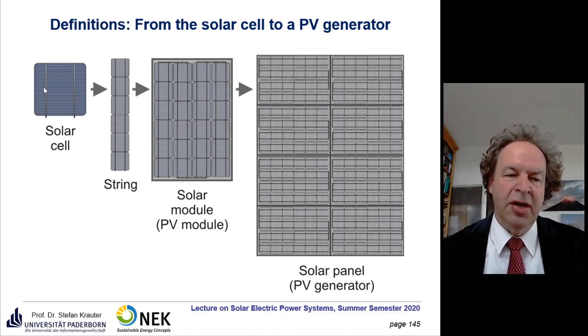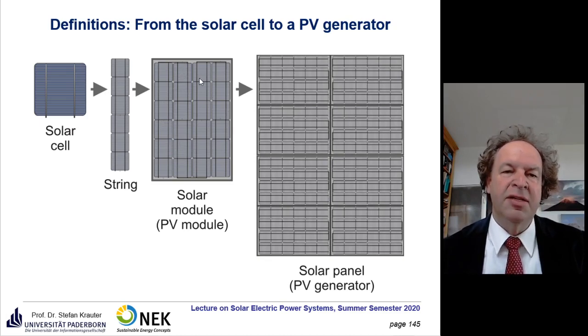We saw already in the manufacturing video that the cells are sorted to have an equal current. These are put together in strings and modules, all cells with an equal current, or within a certain range of short circuit current.